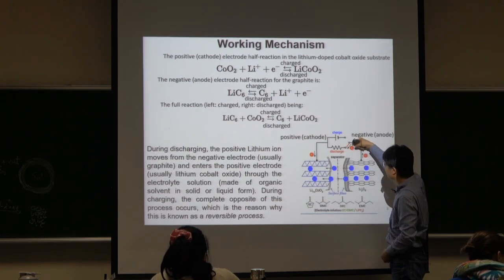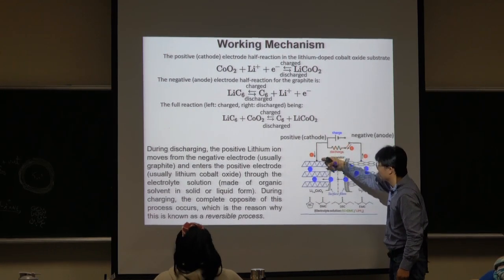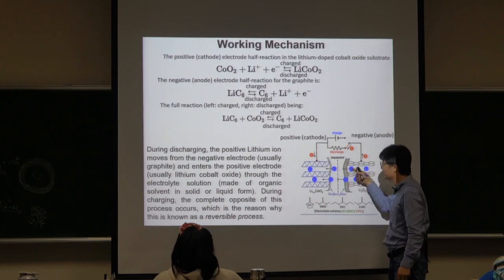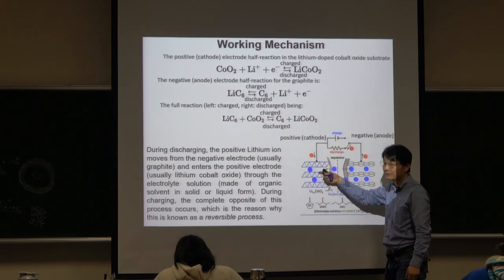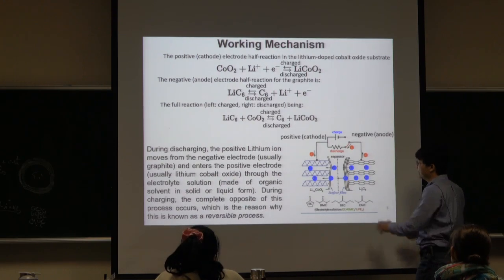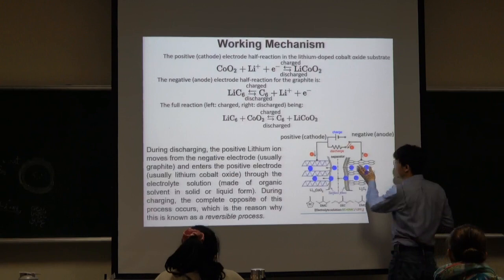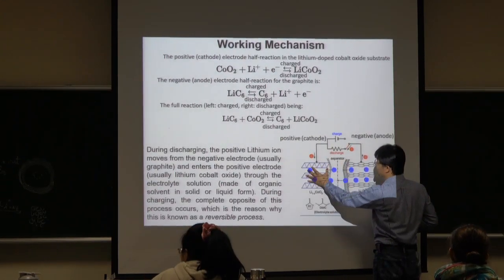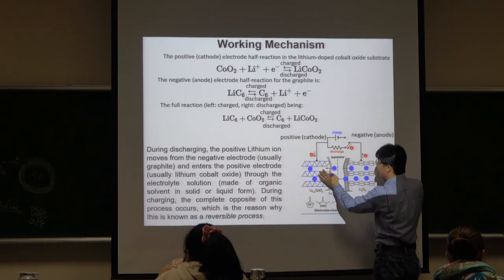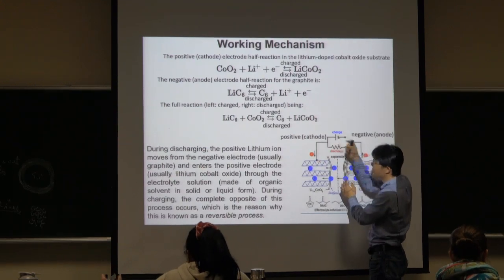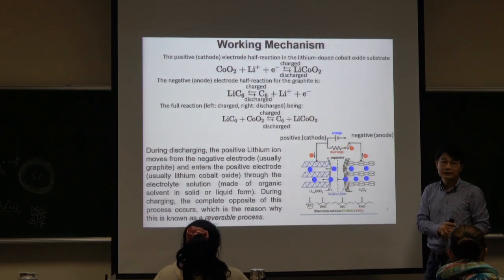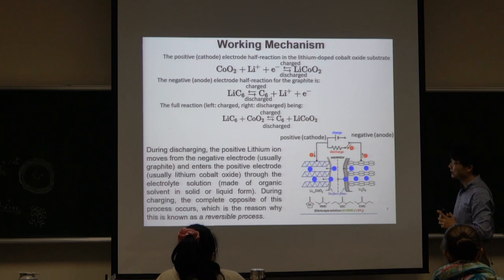You can see the electrons flow this way, right? So therefore the lithium will be accommodated to here. So we can calculate how much lithium is accommodated to here, and how much electron is transferred through the external load. So overall, we can calculate the efficiency.